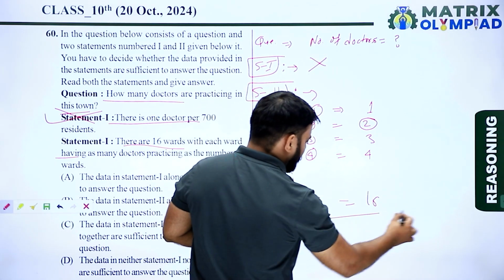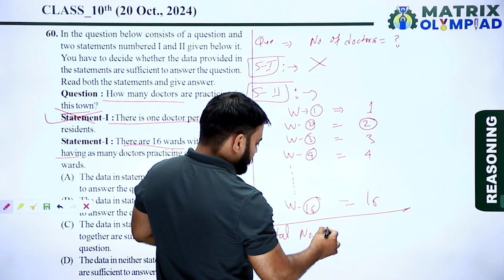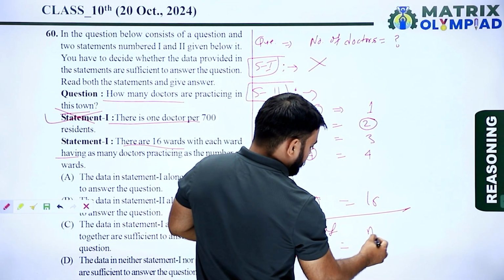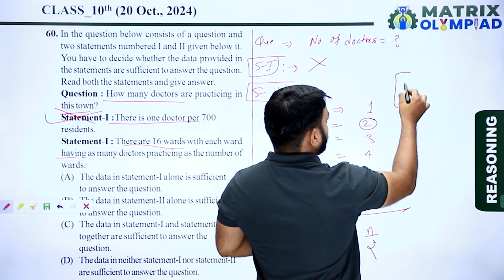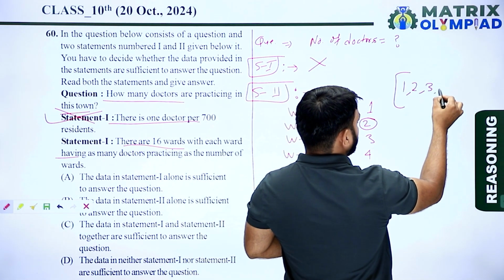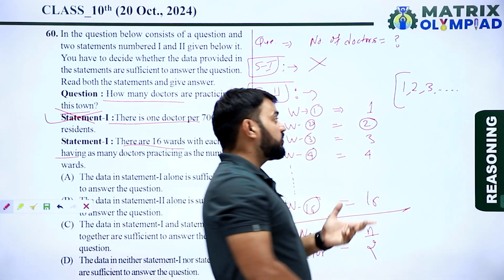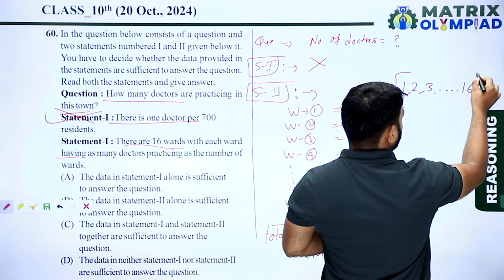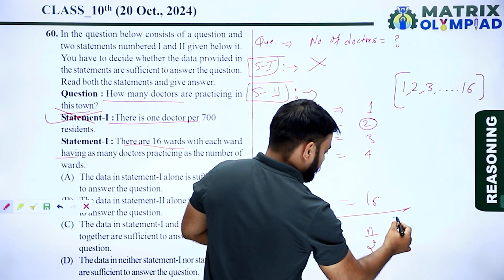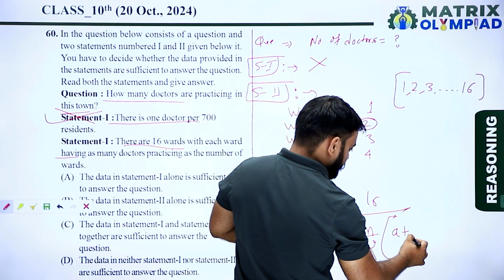So यहाँ पे total number of doctors find कर सकते हैं. Total number of doctors is equal to n divided by 2 because first ward में 1 doctor, second ward में 2 doctors, third ward में 3 doctors and fourth में 4, fifth में 5, sixth में 6 doctors. So 16th ward में 16 doctors. So total number of doctors is n divided by 2 into (A plus L).